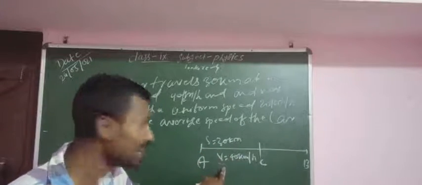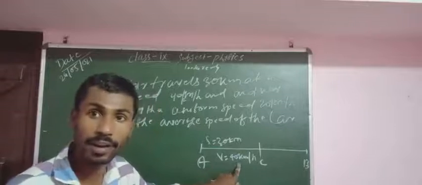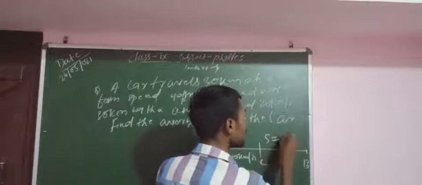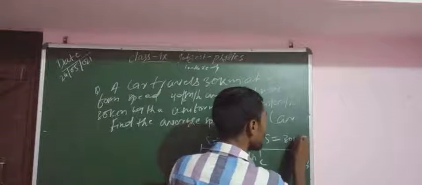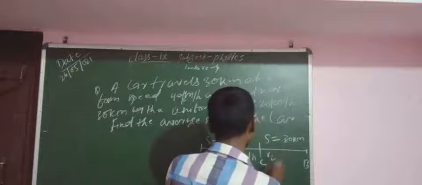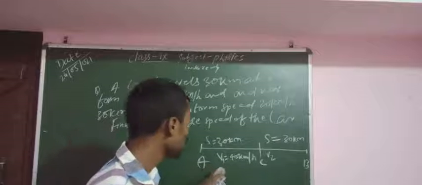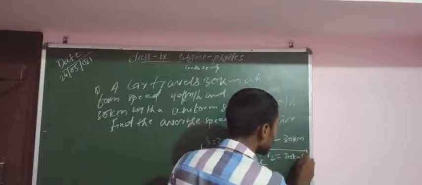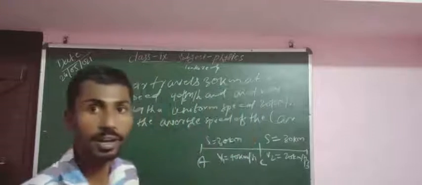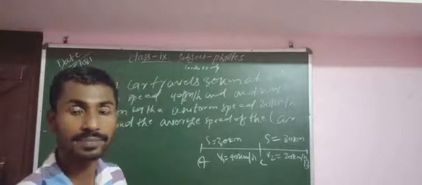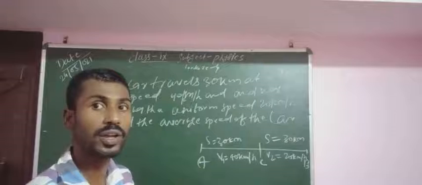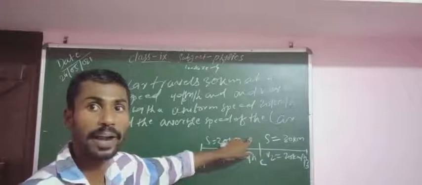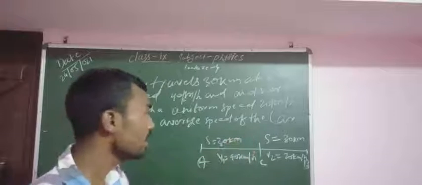Second, C to B, S2 is similarly 30 kilometer and the speed V2 is 20 kilometer per hour. In that case, we have to find out the average speed of the car.